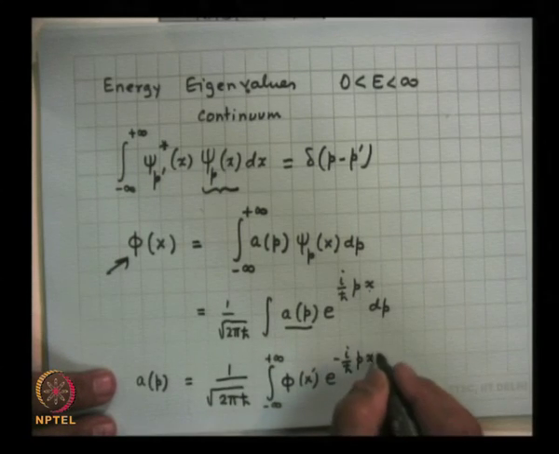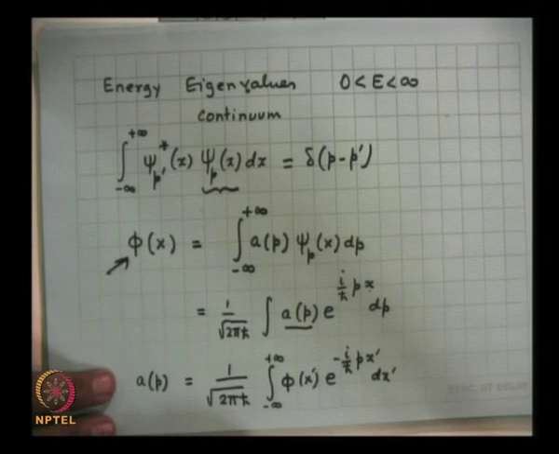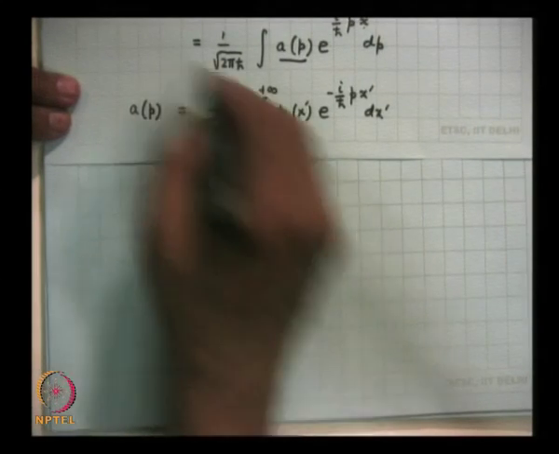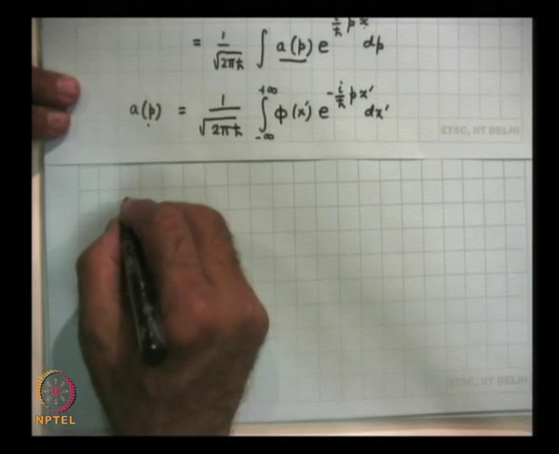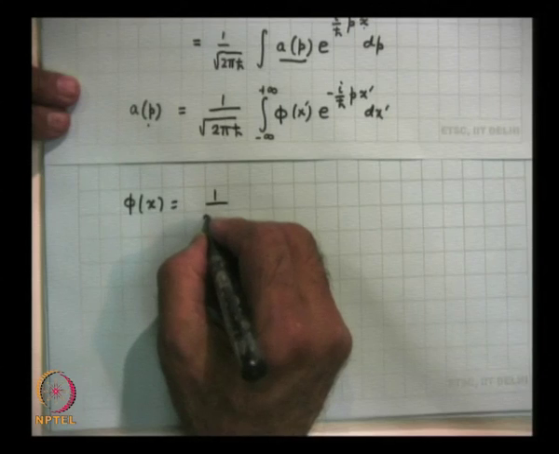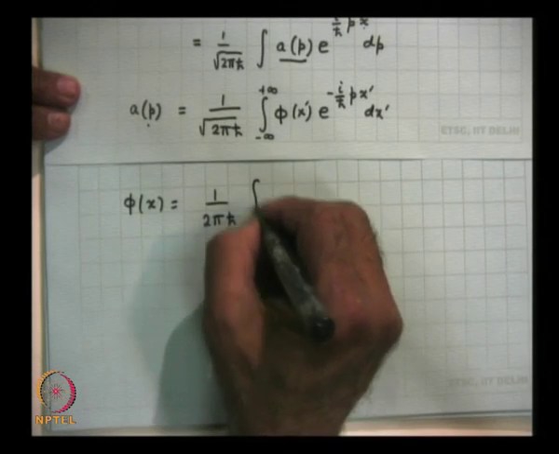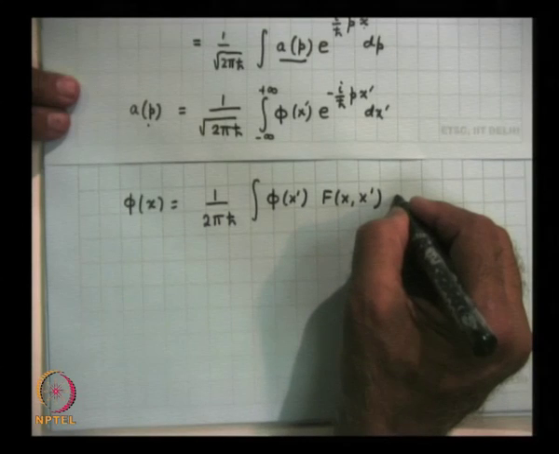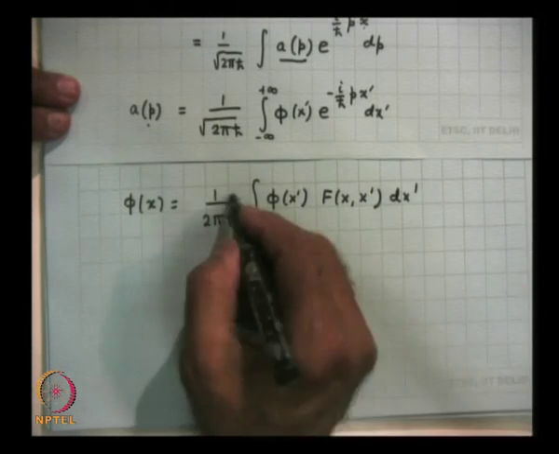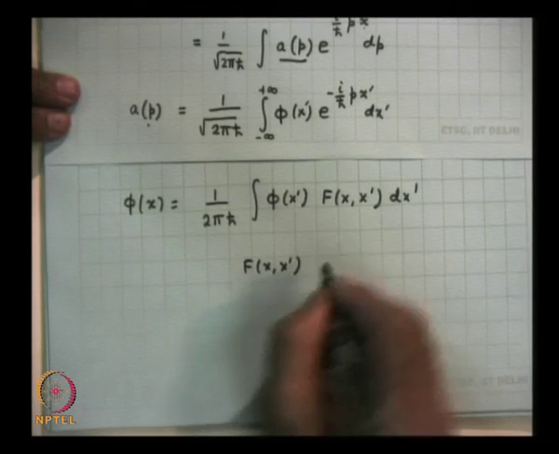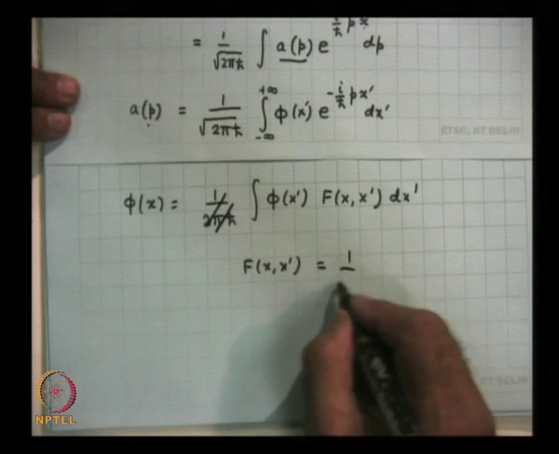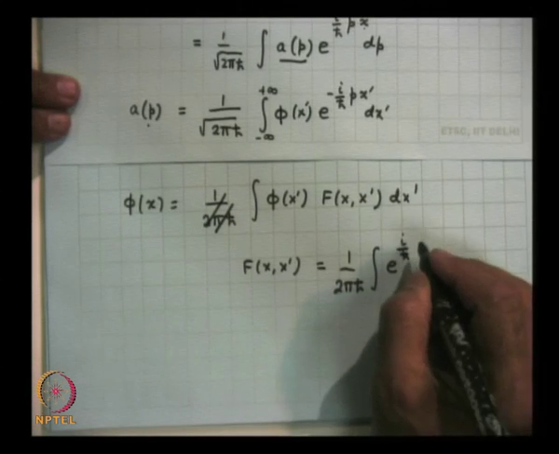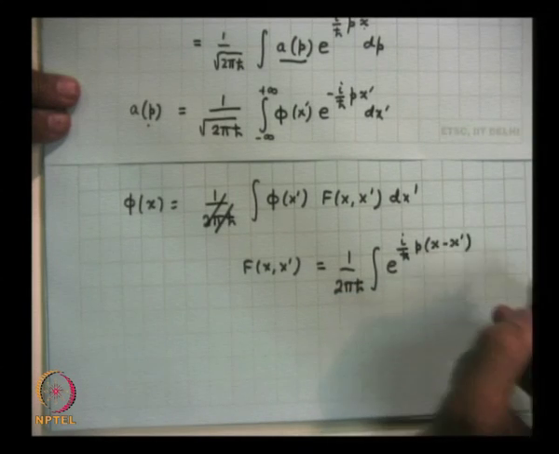So, I must quietly once again put a prime here, and when I substitute that, I will obtain, if you see this carefully, that if I substitute a of p from here to there, then you will get phi of x is equal to the integral of phi of x prime, and then there will be another function f of x comma x prime dx prime, where f of x comma x prime is equal to, I will take the 1 over 2 pi h cross here, 1 over 2 pi h cross integral e to the power of i by h cross p times x minus x prime dp.